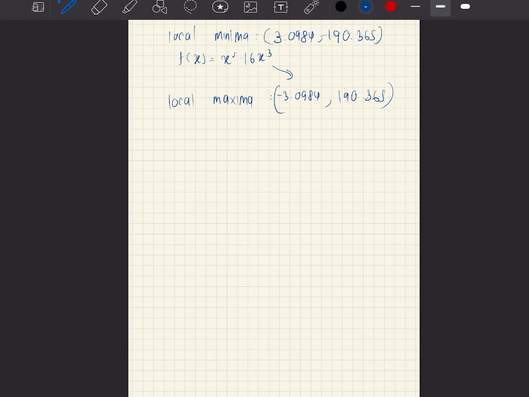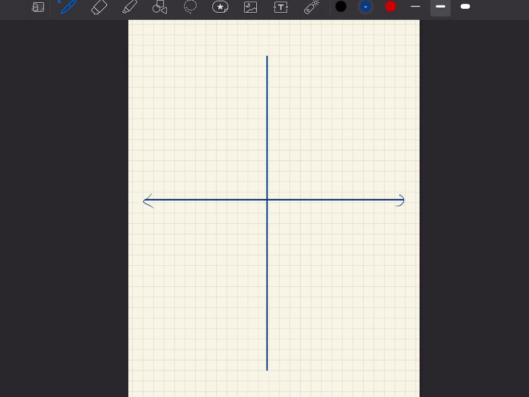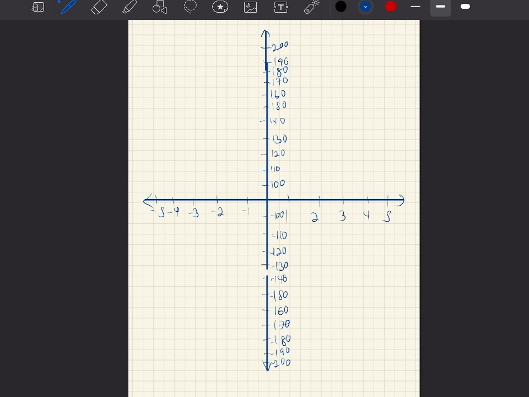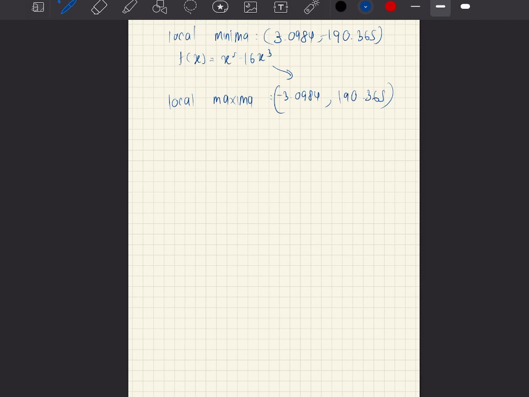Okay, the last one, we will do the graph sketching. So I just roughly do the line of the graph. The first thing we must do is plot the local maximum, the local minimum, and the inflection point. The local maximum that we got earlier is at negative 3.0984 and 190.365.